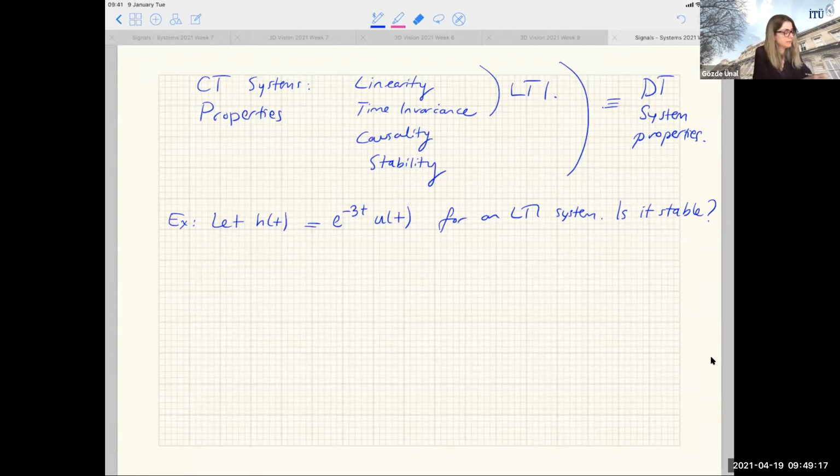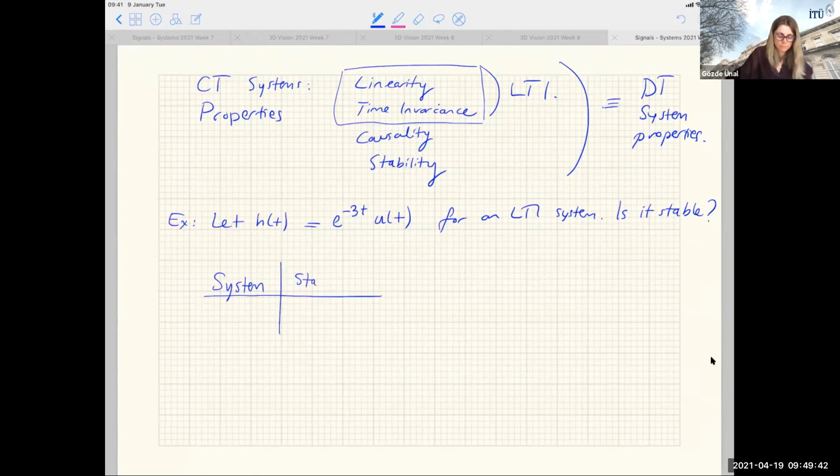Let me see, I had a nice table for that. So for stability and causality. LTI is really superposition and delay invariance. That's fine. This is just a summary table: stability and causality, and we will look at two cases, a general system and an LTI system.